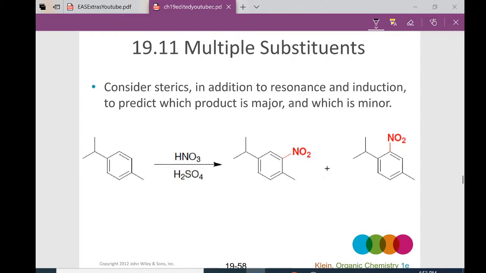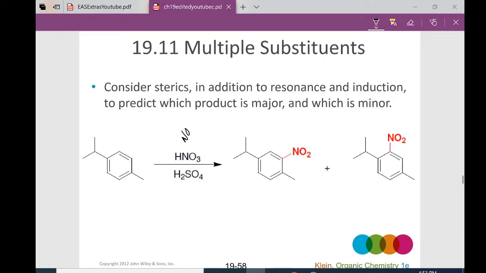So sterics can also affect where our groups go. Here we have a compound that has an isopropyl group and a methyl group. And the isopropyl group is larger, so the methyl group is going to be the major factor in determining where our incoming substituent goes. So what are we adding and where are we adding it?